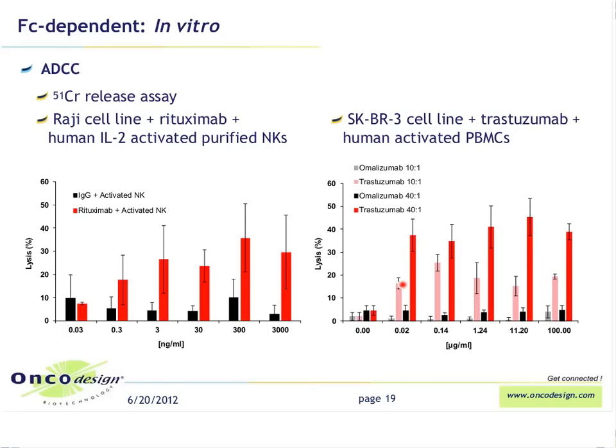In both cases, the irrelevant antibody only gives a few percent of unspecific lysis, and we start to observe dose-dependent lysis mediated by R13 at as low as 0.02 microgram per ml. There is an impact of the effector target ratio, meaning that 40/1 gives more lysis as compared to 10/1.